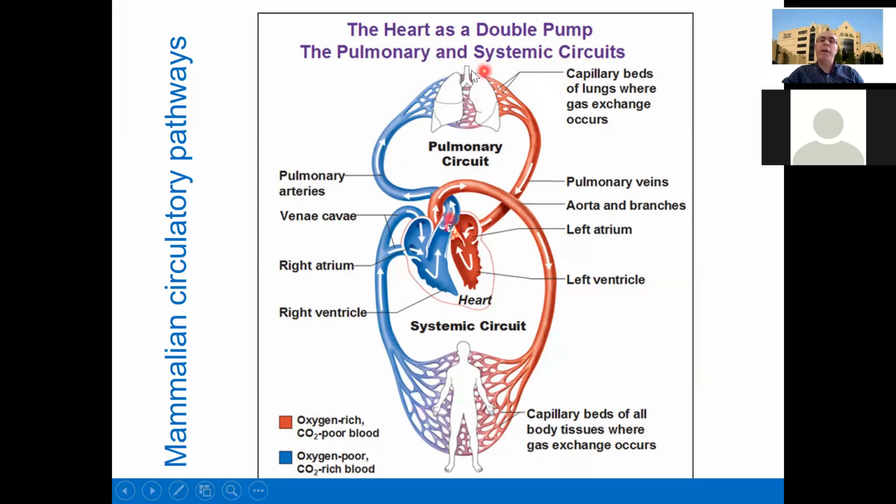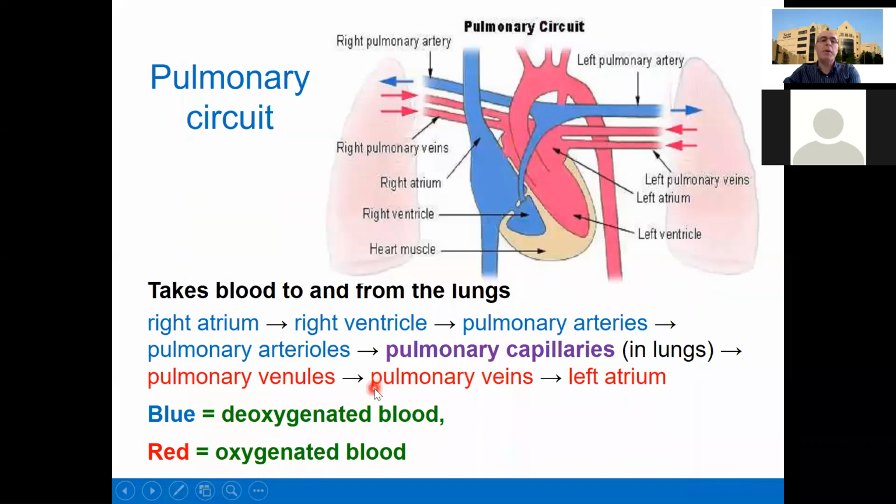Here we have a pulmonary circuit, which is between the lungs and our heart, and the systemic circuit, which is between the heart and our entire body.